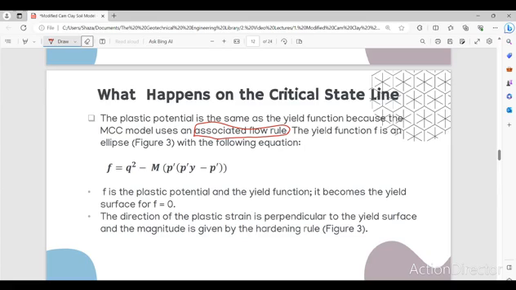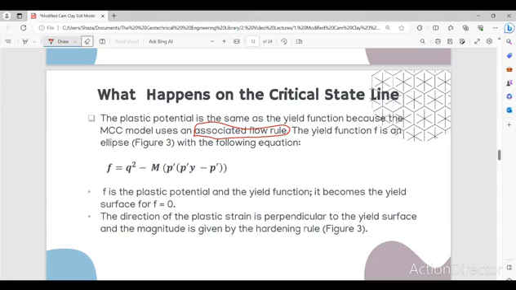let us discuss briefly what I mean by associated flow rule, and what is the significance of the associated flow rule in soil models. It is based on the premise that the direction of plastic strain increment is normal to the yield surface.